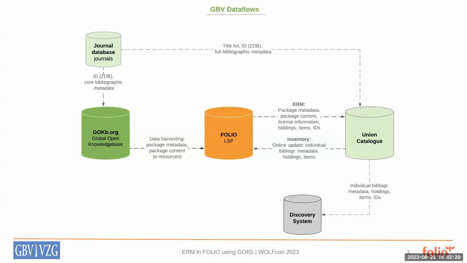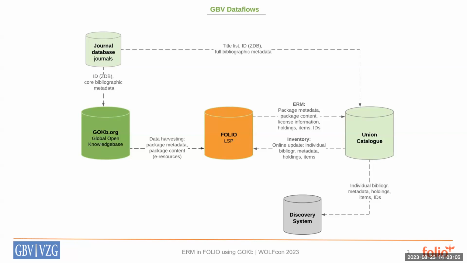We're connecting the articles to the title levels between the union catalog and this Solr index, and the discovery system then connects to the Solr index. So the Solr index of article level metadata is outside of it. Yes. Okay. Thank you. That's a question for the GOKb team and discovery experts in our research.